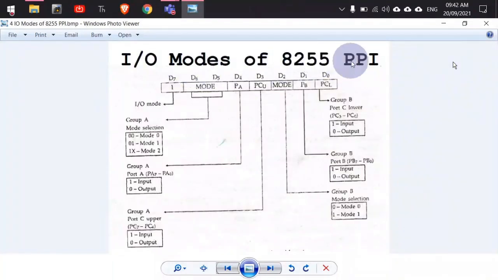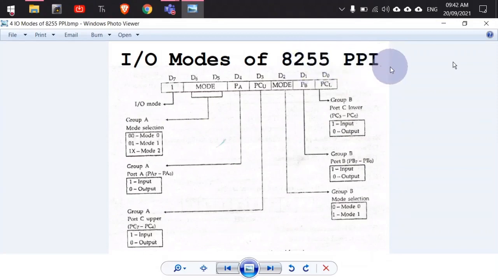I/O modes of 8255 programmable peripheral interface. One good thing you should do is, whenever you take the name of any IC, attach a prefix or suffix where you will also be able to see the meaning. So you do not say 8255 IC, you say 8255 PPI IC.